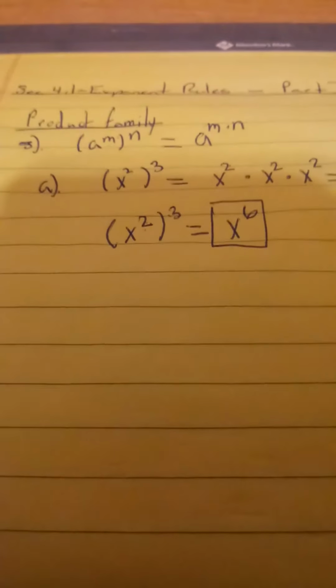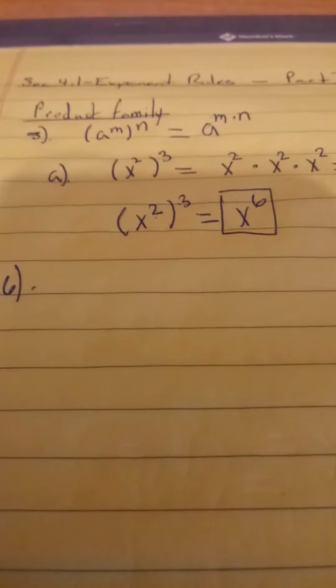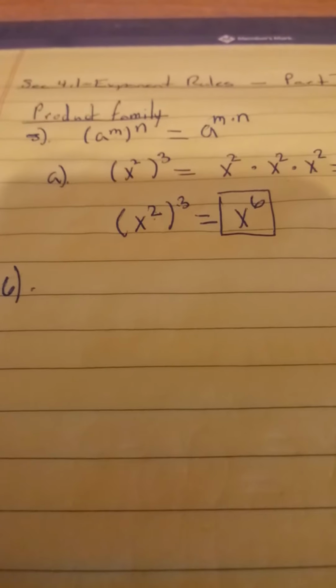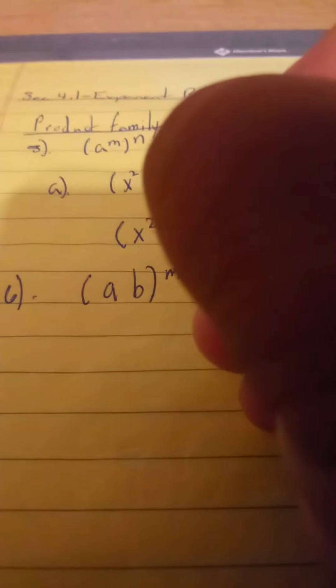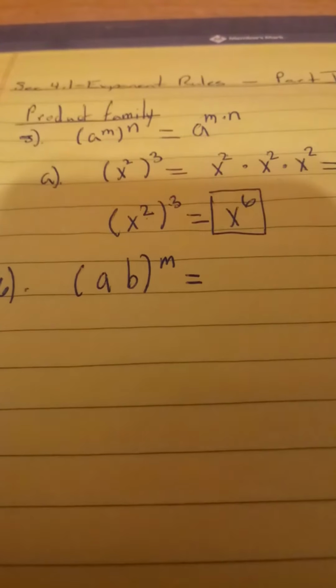We do have another one, so this will be the sixth exponent rule. The sixth one is, what if instead of having one base with exponents, we have two different bases? Let's say you have a and b, and both of them are being raised to the same power.